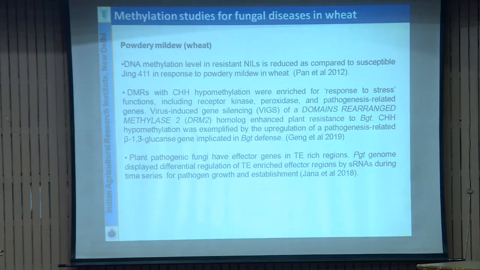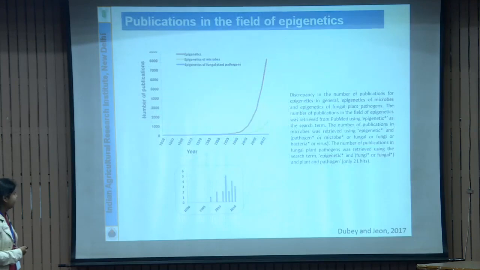So that was also studied in one case. In case of Puccinia graminis, it was found that the effector gene was enriched for methylation in transposable element regions by small RNAs, that is, RNA directed DNA methylation was observed in Puccinia graminis in a recent study.